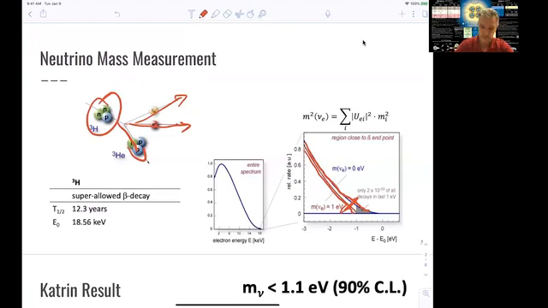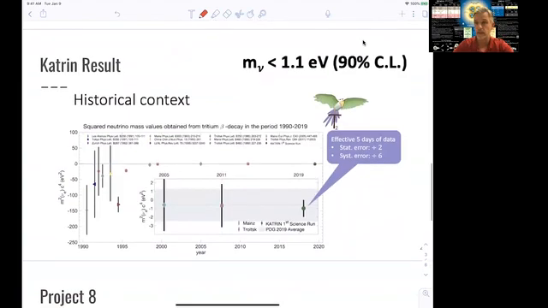The latest results came out last year from the KATRIN experiment. The result is consistent with a neutrino mass of 0, and we can set an upper limit at 90% confidence level that the electron neutrino has a mass of 1.1 electron volt.